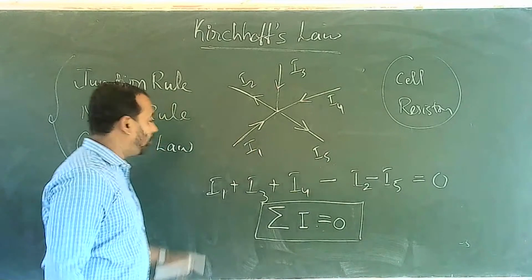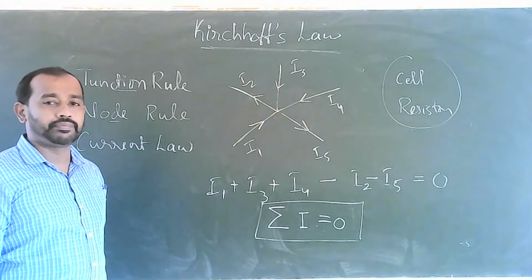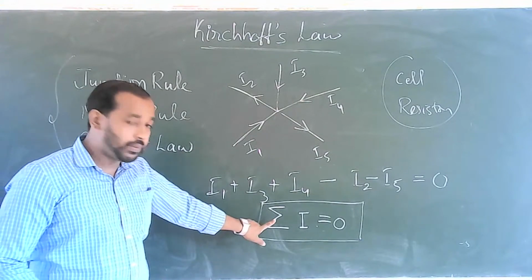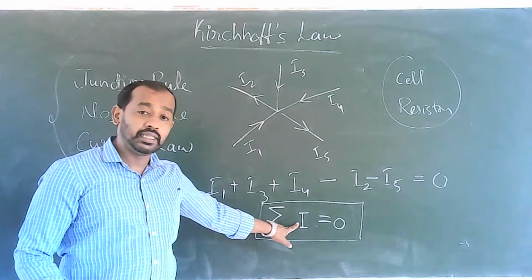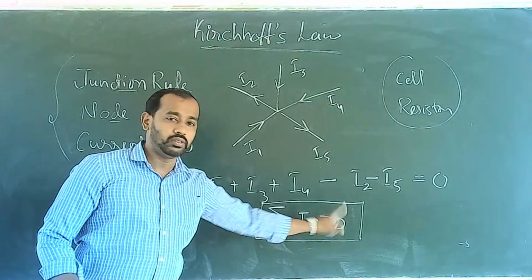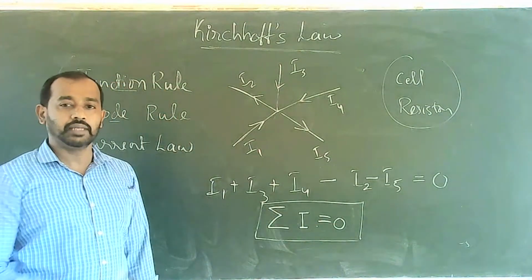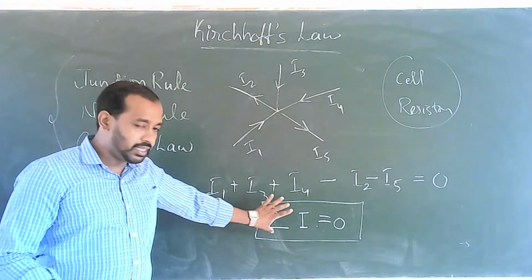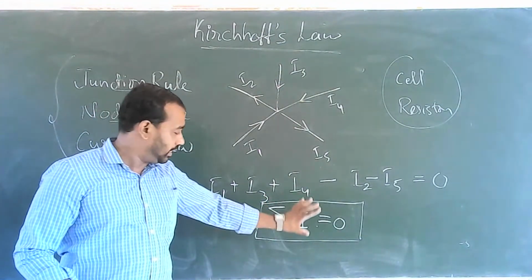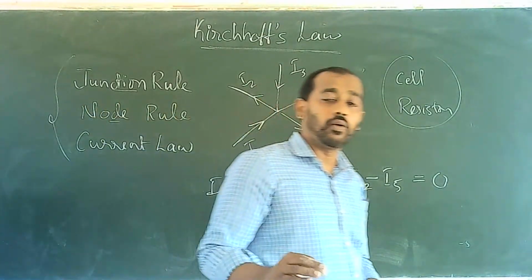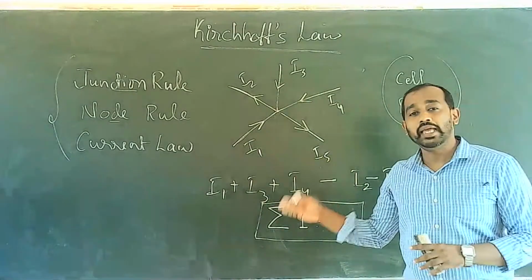This is the mathematical form of the junction rule. It suggests that the algebraic sum of all the currents at a given junction should be equal to 0. Is that clear? Now we are going to analyze this equation.